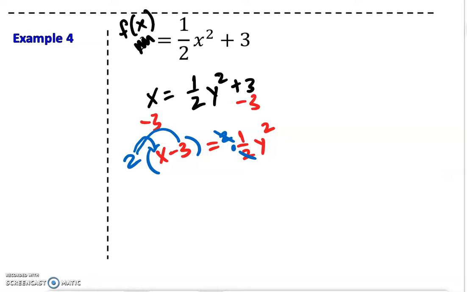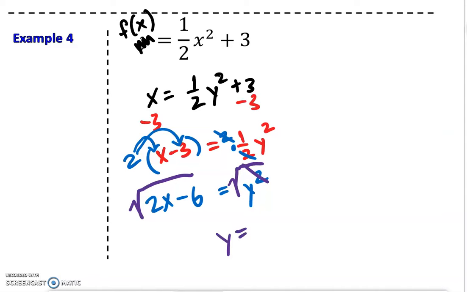Let's go ahead and distribute this. So we have 2x minus 6 is equal to y squared. And then to undo the square, we must square root. That will cancel that. So we know that y is equal to the square root of 2x minus 6.